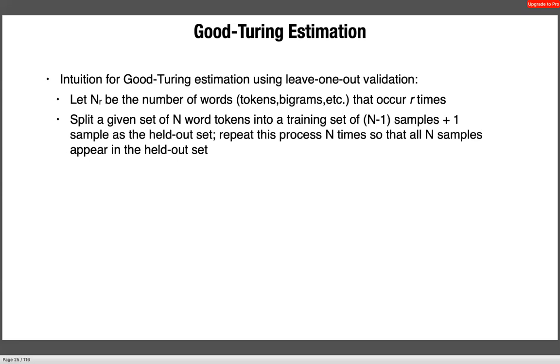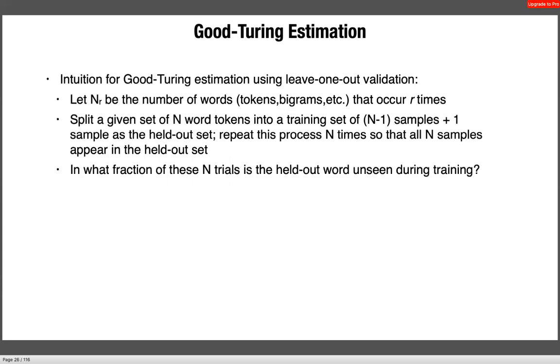This is your observations. I'm going to split it into a training set of N minus 1 samples, and one sample is my held out sample. I'm going to repeat this N times so that each of the N samples appears once in the held out set. So there are N such trials, each with N minus 1 training samples and one held out sample.